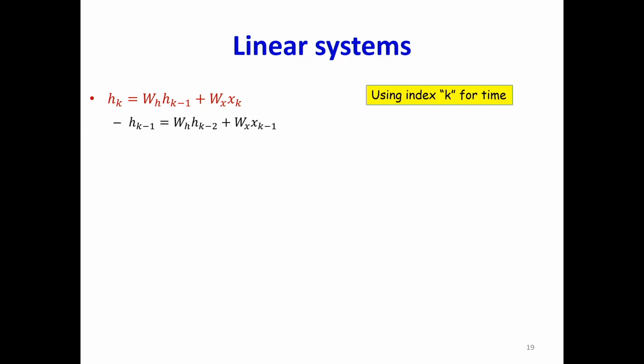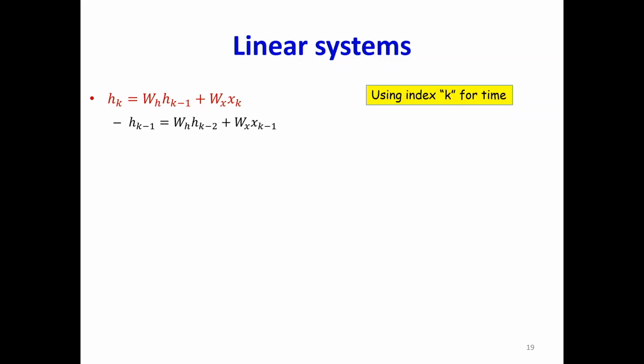What is HT? It's going to be WH squared times HT minus 2, plus WH WX times XT minus 1, plus WX XT. So we've written the current output in terms of the recurrent value two time steps ago. But then I can write HT minus 2 as WH HT minus 3 plus WX XT minus 2.